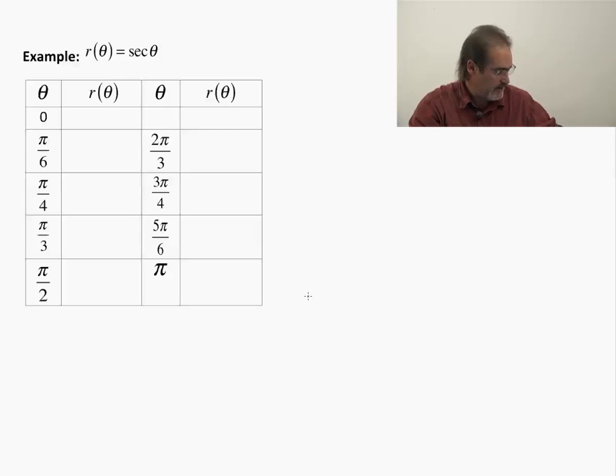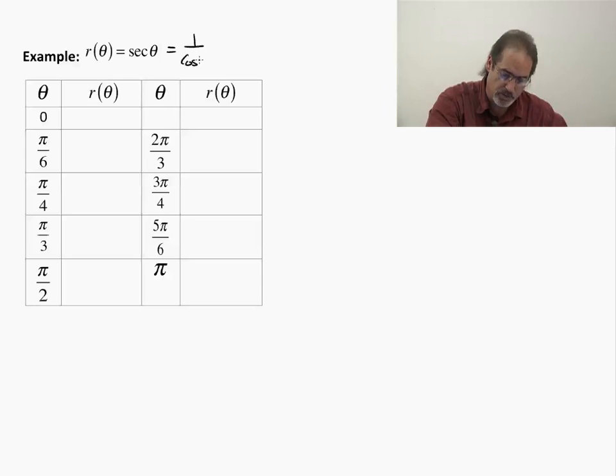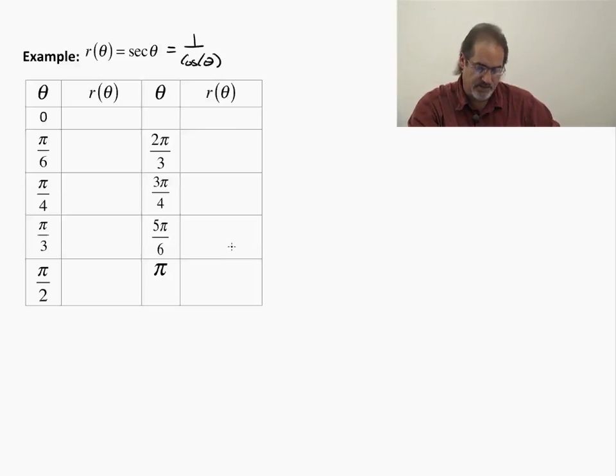Okay, let's take a look at secant of theta. Secant of 0, and remember secant is equal to 1 over cosine of theta. Secant of 0 is 1, because that's 1 over cosine, and cosine of 0 is 1.